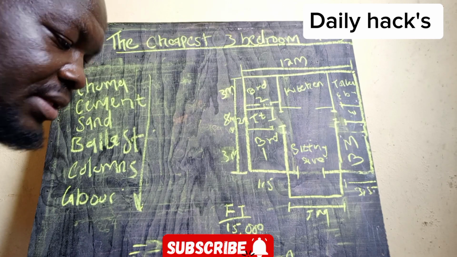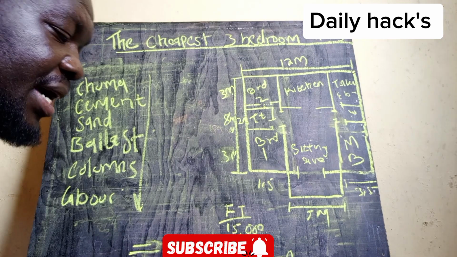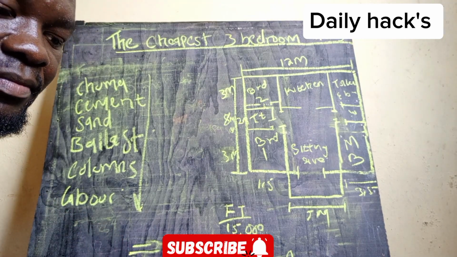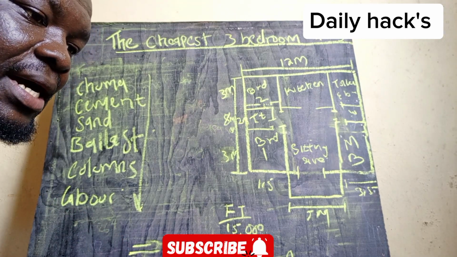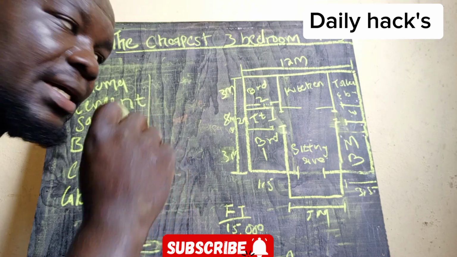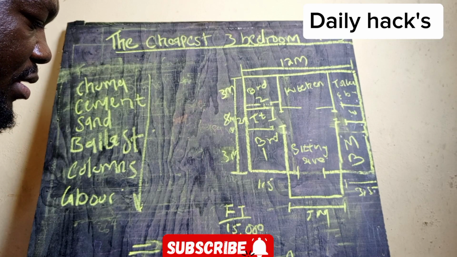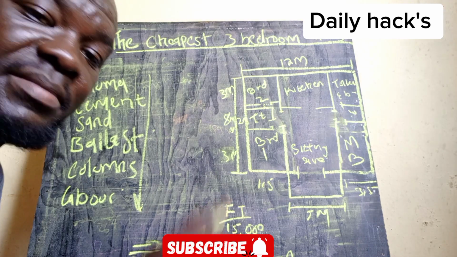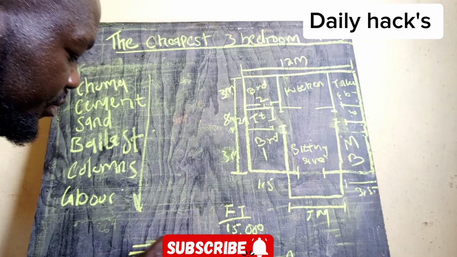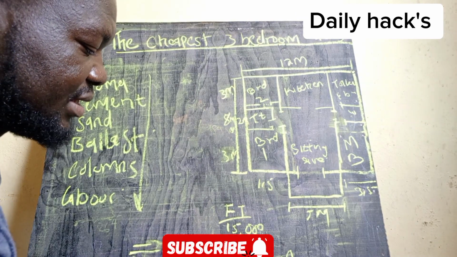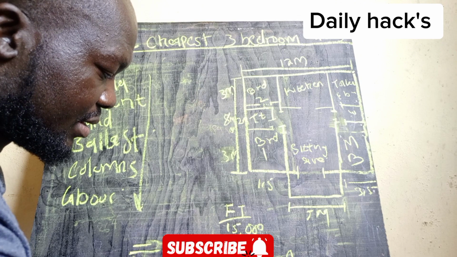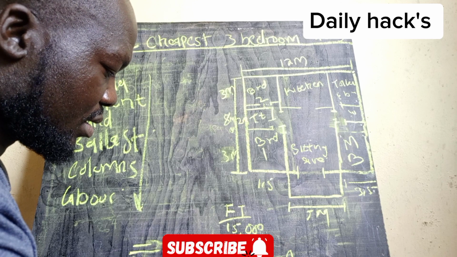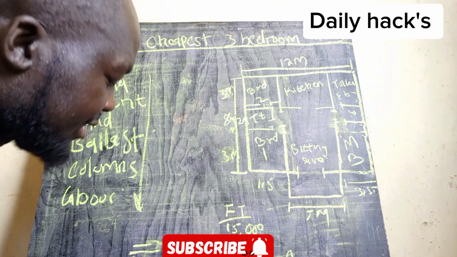So per every meter there are 3 rings. Per every meter there are not 4 rings, there are 3 rings. So you divide this by 3.